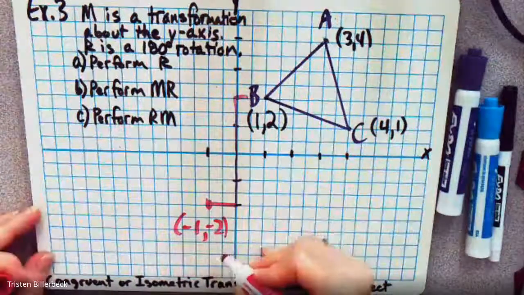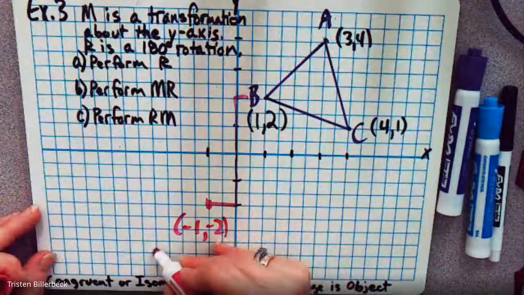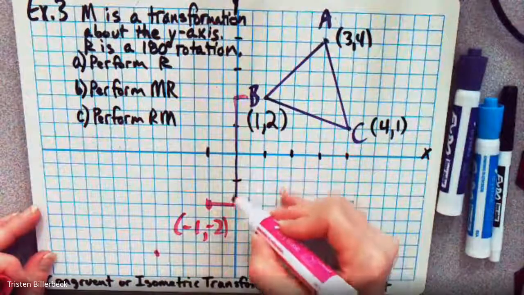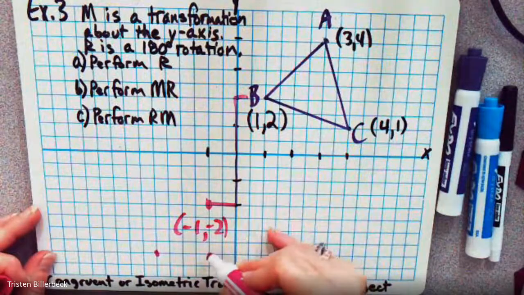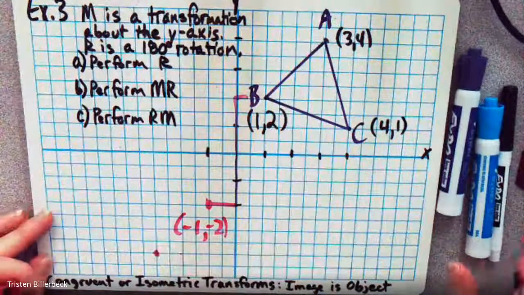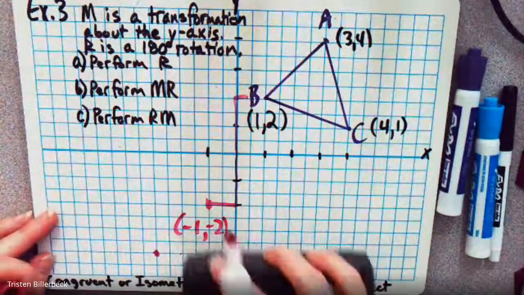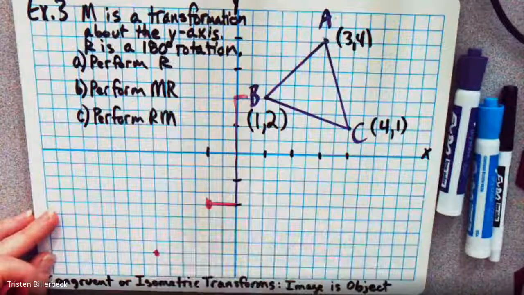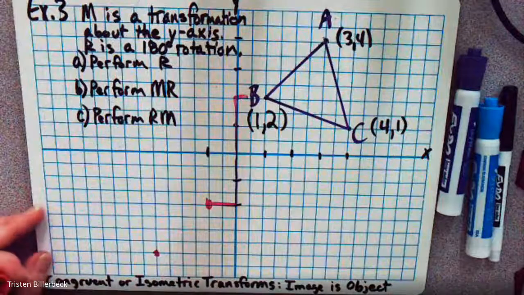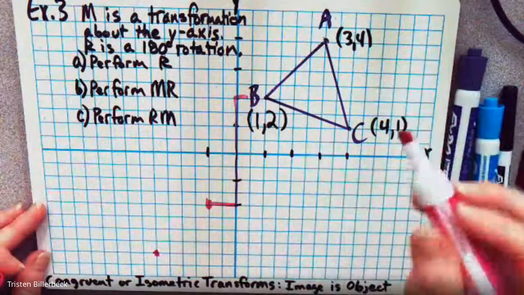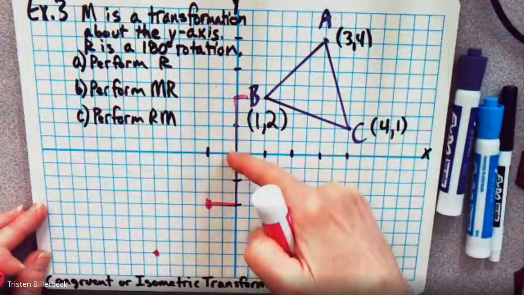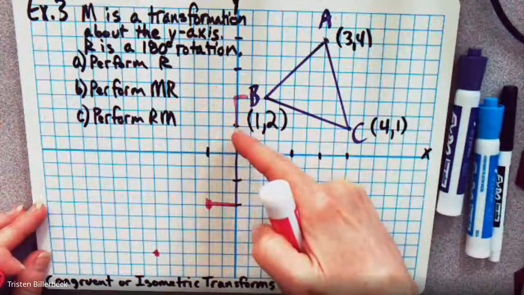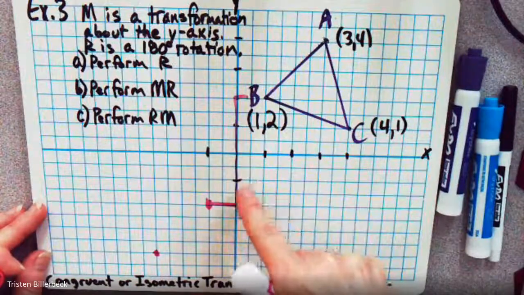So we have 2, 3. Double check 1, 2, 3, 4, 1, 2, 3. And I'll just move this off a little bit. We'll do the coordinates at the end. Okay, this last one, we're moving 1 on this.